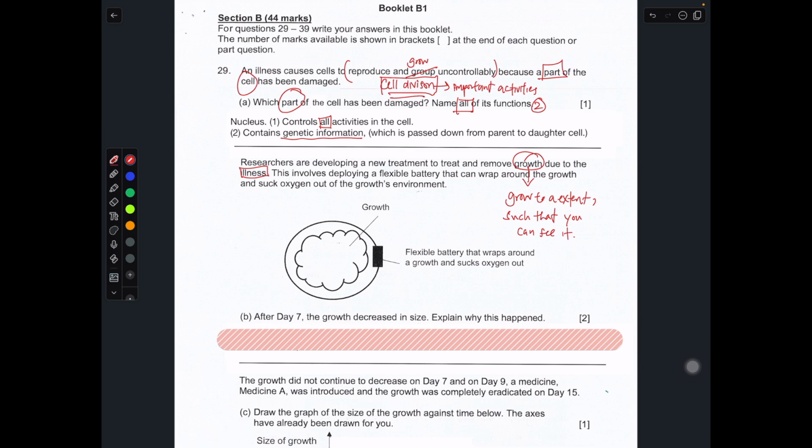Okay, so over here this involves deploying a flexible battery that can wrap around the growth and remove oxygen of the growth environment. Okay, so this is trying to remove the oxygen.